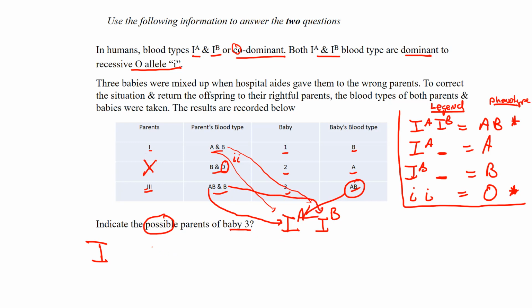So that is a possibility. So we have two possible parents that could be the parents to baby number 3. Now it says possible. We don't know exactly because, again, we don't know all the genotypes, but we do know just from the phenotypes that those are the two possible parents. Okay, any issues, give me an email and we'll go over it again. Okay, thank you.